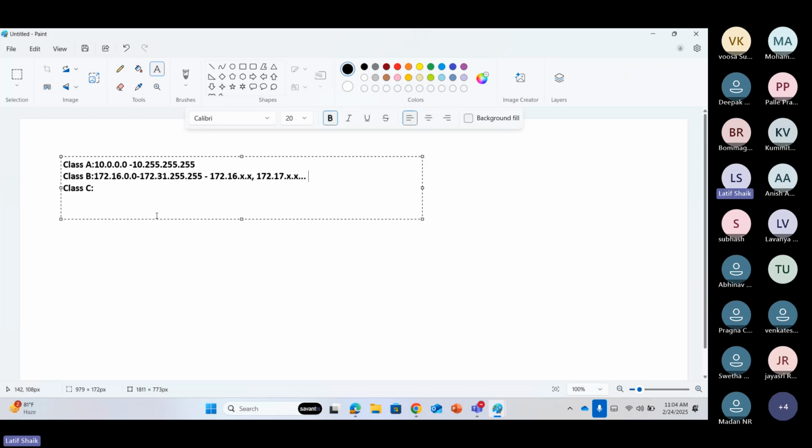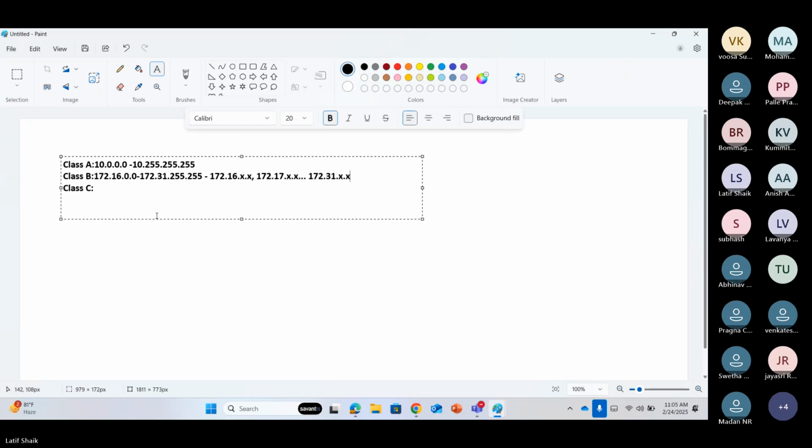But it is not one single network. It is actually 16 networks: 172.16, 172.17, 172.18, 172.19, 172.20, like that up to 172.31.